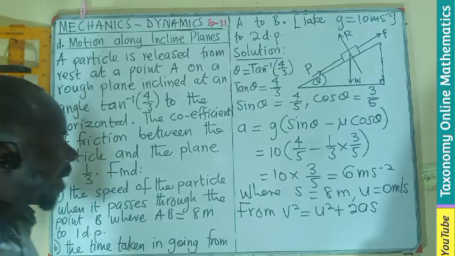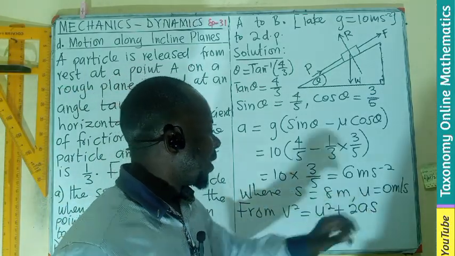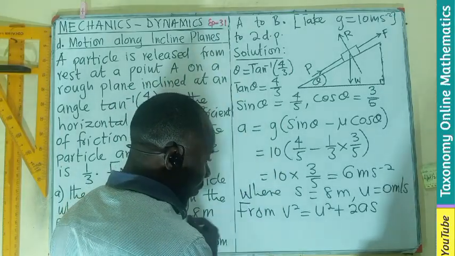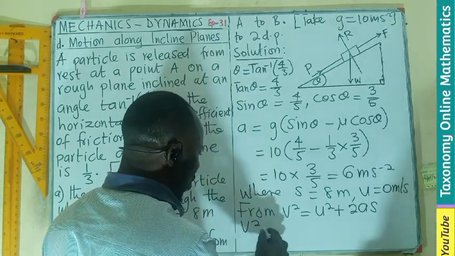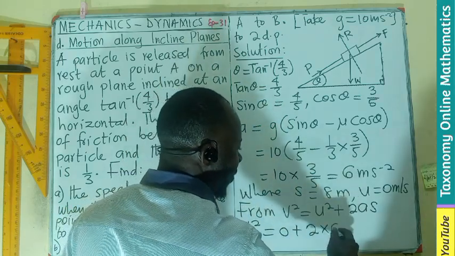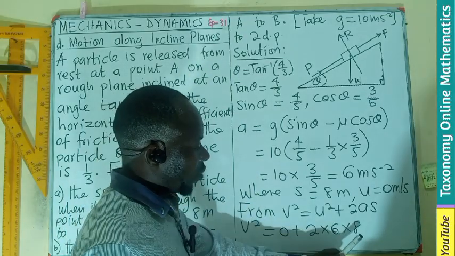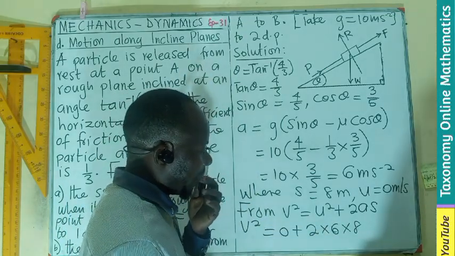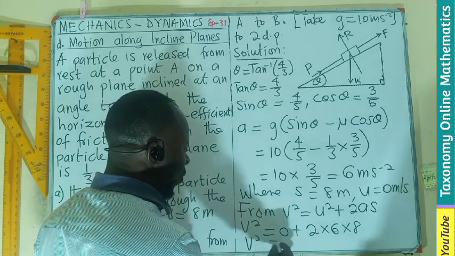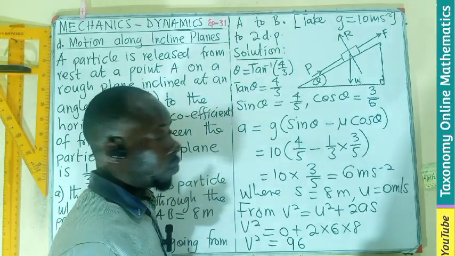So we are looking for that final velocity, initial velocity of 0, acceleration of 6, distance is going to be that. Let's do substitution. v squared equals 0 plus 2 times 6 times 8. I guess this is 12. 12 times 8 will be 96, right? So v squared will become 96. We need v, so we find the root of that.